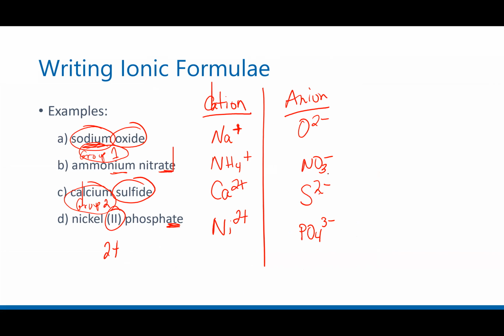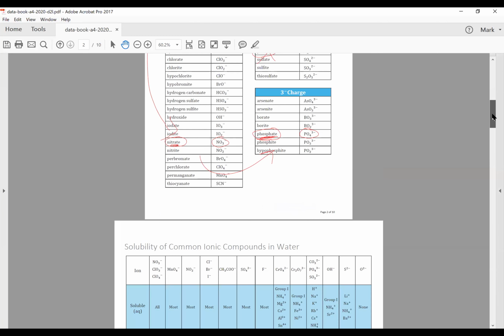Okay, we're ready. Some of these look really easy. Two of them are especially easy, and then one of them looks a little harder. From where we got these ions? From the periodic table. The NO3- and S2-, that's all from the table? Yep, from my data booklet. So the PO4 3- and the NO3-. So that means at the quiz we will have this data book?